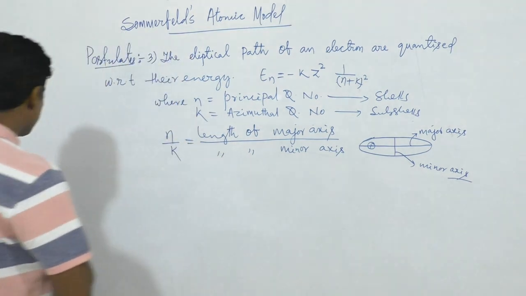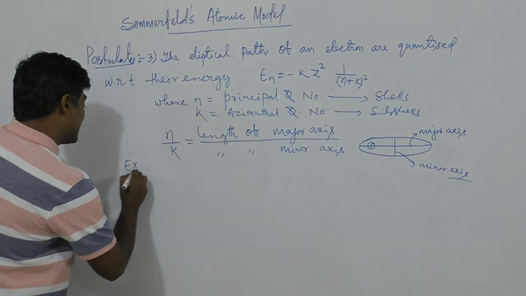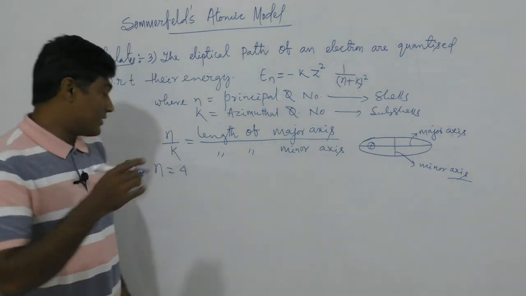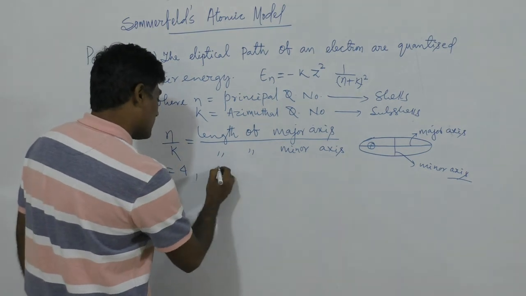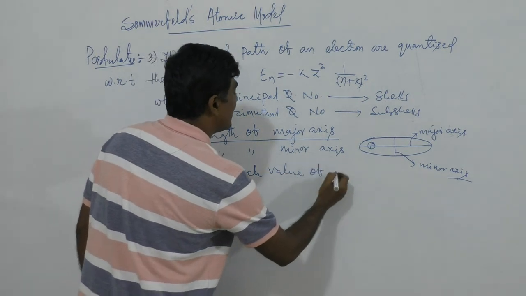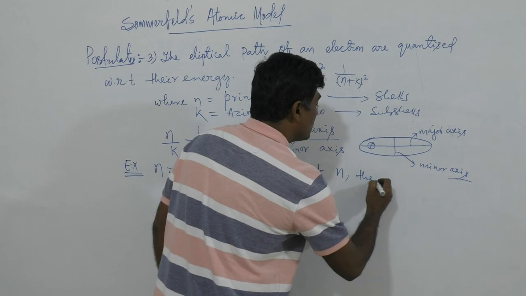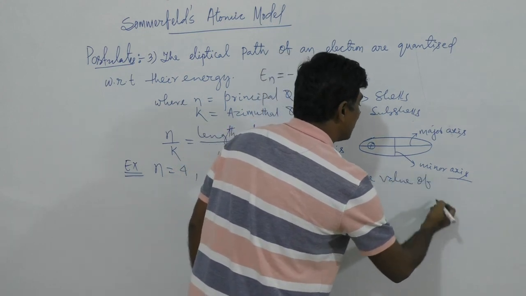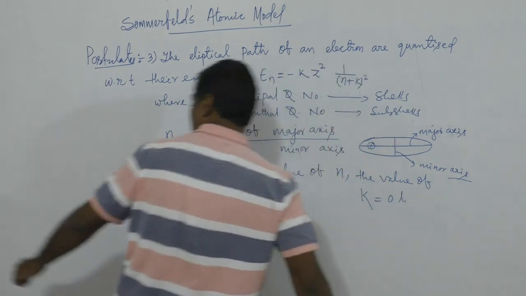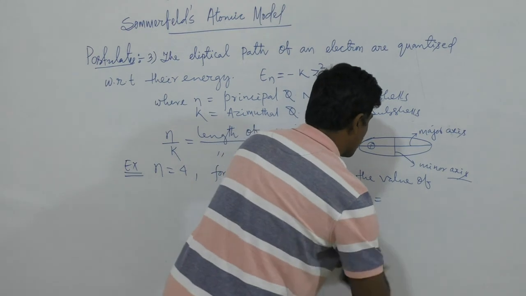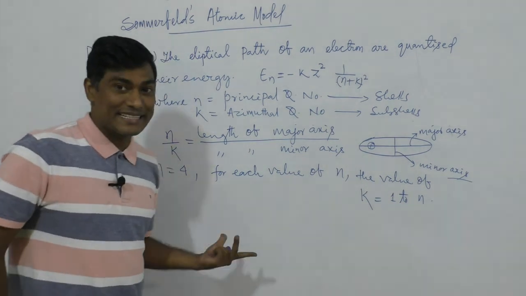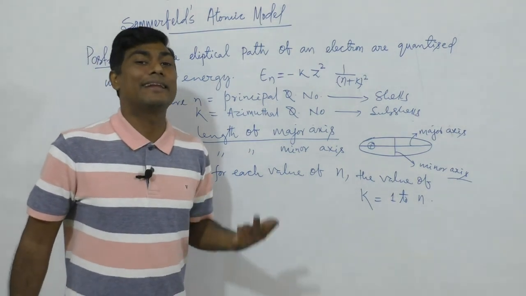So, for example, we will take n = 4. For each value of n, k will have values from 1 to n. We are going to represent how n and k are interrelated.